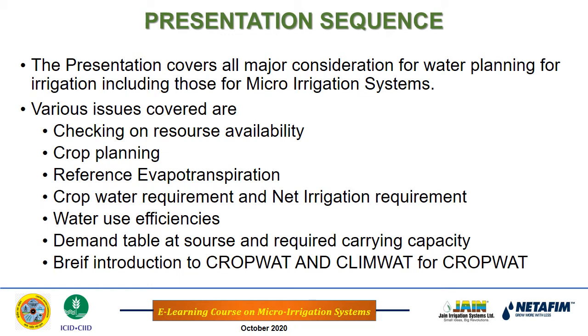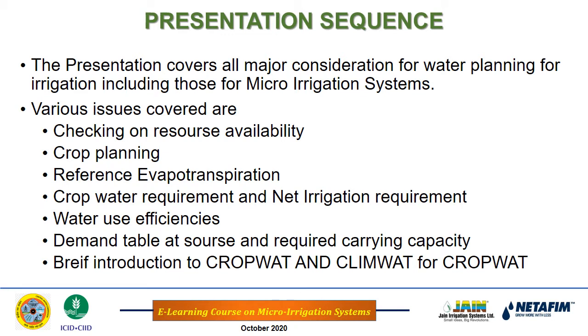Then water use efficiencies: what are the various efficiencies we need to cover and how they are estimated for working out the net irrigation requirements and gross irrigation requirements.